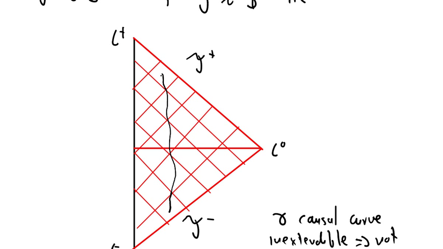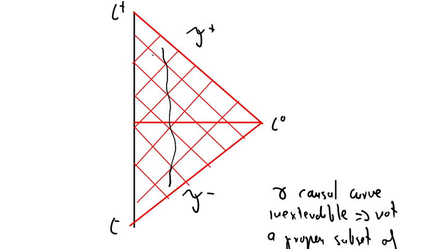The point is that in this picture we see that an inextendable causal curve is going to be a curve which reaches the conformal boundary, and there are two possible ways to reach the conformal boundary. I can just get to future null infinity, or I can get to I plus or I minus.